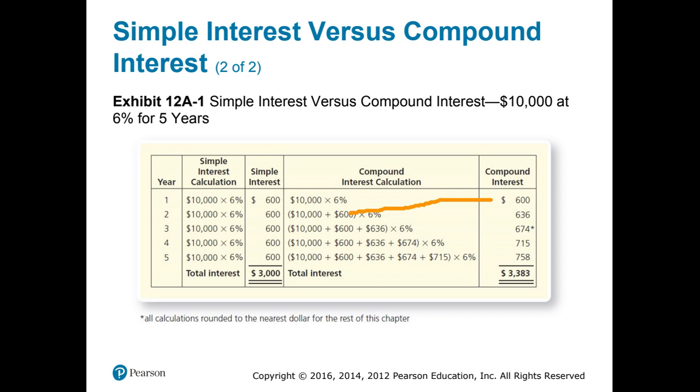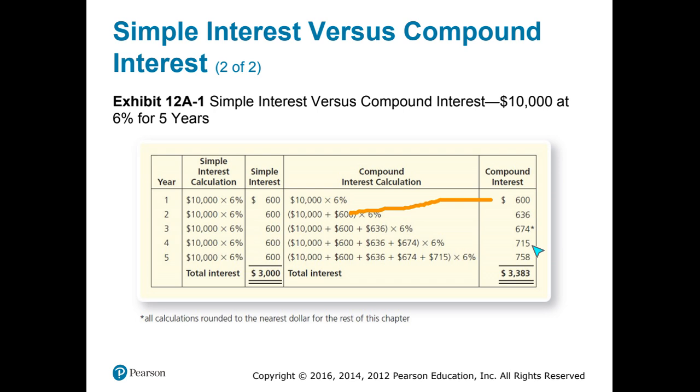And then the next year, we take the 10,000 plus the 600, and this line is so thick I don't want to draw over it, plus the 636 from here, and then multiply that by 6%, and that gives us 674. The next year, the 10,000 plus the first 600, the second 636, the third 674 times 6% gives us 715. So you see the pattern.